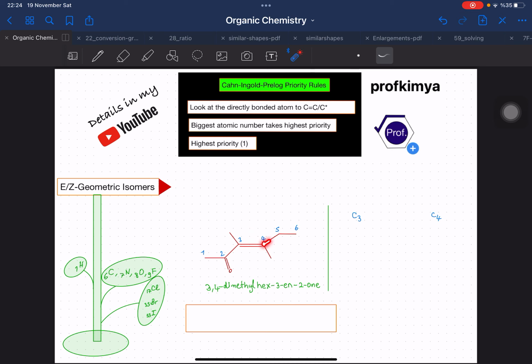Okay, directly bonded to this C4 is carbon atom at C5.